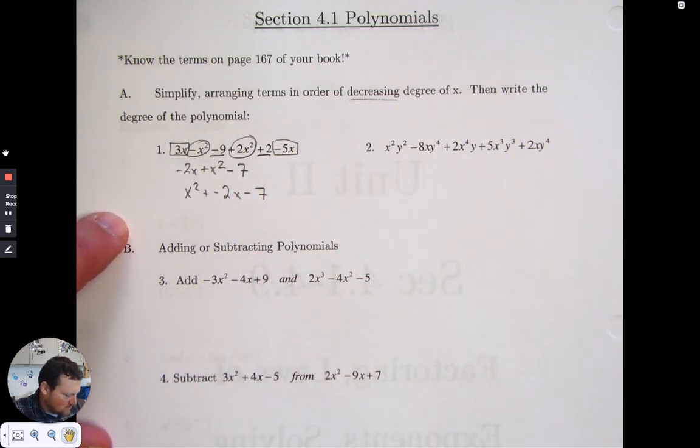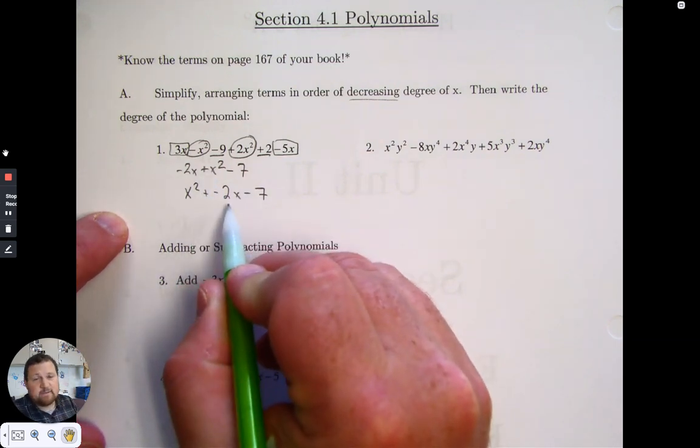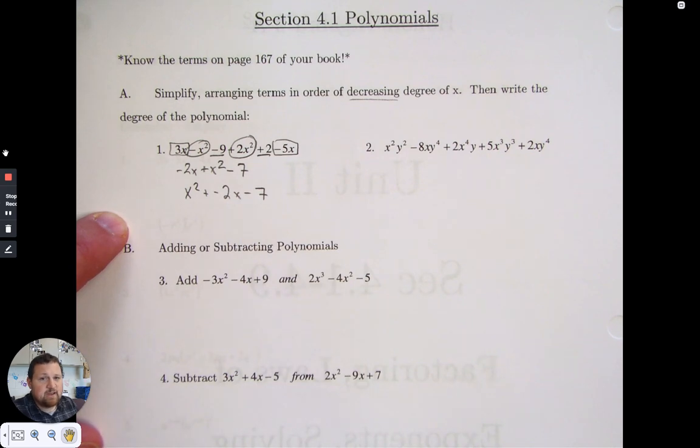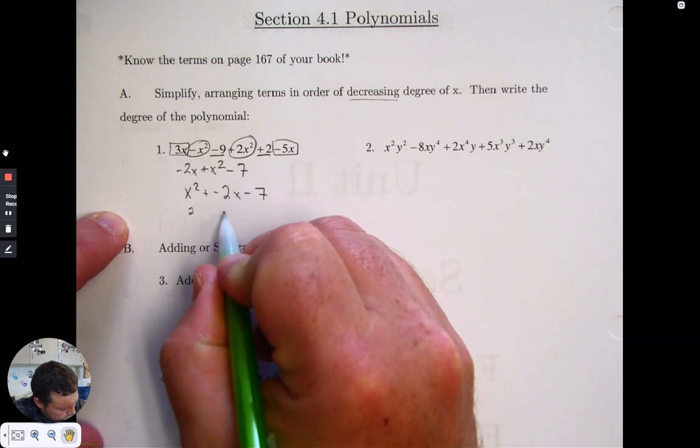Now, as far as trying to determine the degree of the polynomial, we have to remember that we look at the degree of each term, and then whichever term has the highest degree, that's the degree of the entire polynomial. So here, each one of these, right, you just have x on them, so it's pretty simple. It's just the exponent of the actual variable. So this would be 2 for this term.